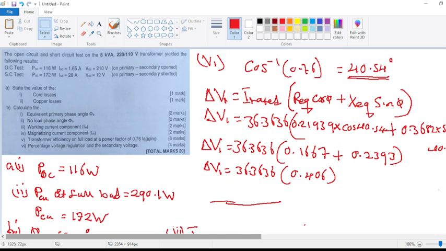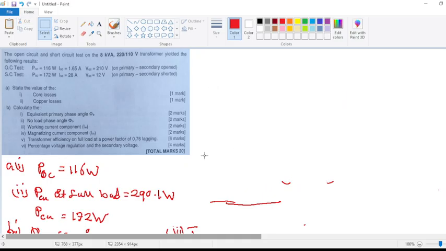Then, since now we've calculated the voltage drop on the primary side to be 14.76 volts, the percentage regulation can be easily calculated, and it's easy to calculate the voltage on the secondary side.